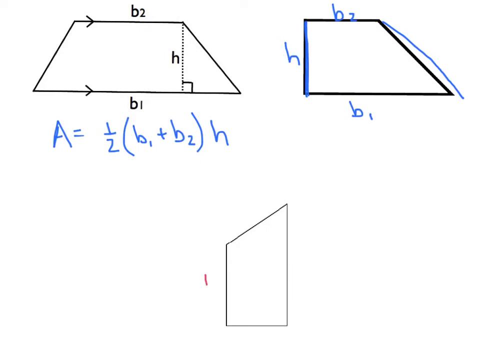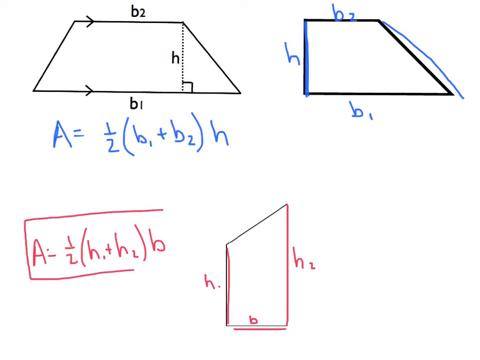We've got a height 1 right here that measures the length of this height, and then the other height over here we're going to call h2, and then across the bottom is going to be our base. So our formula today, we're going to say the area of our trapezoids is the average of the heights times the base. And that's the formula that I want you to now visualize and imagine for our trapezoids that are going to be oriented more upright. They're going to be tall and skinny today.